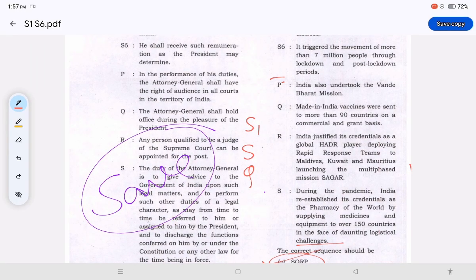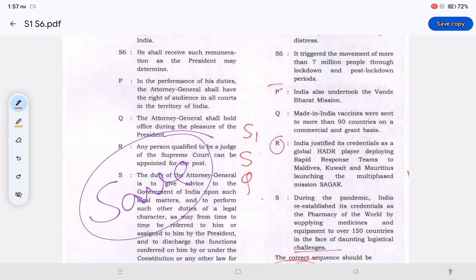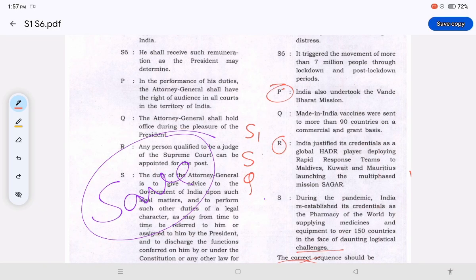Next, we will look into R and P. India justified its credentials as a global HADR player, deploying rapid response teams to Maldives, Kuwait and Mauritius, launching the multi-phased mission Sagar.